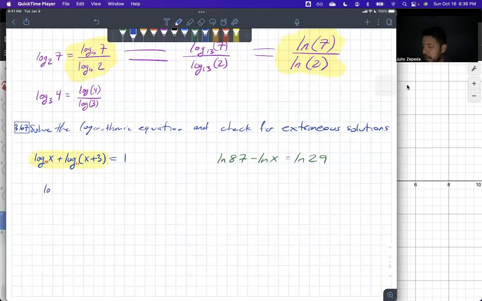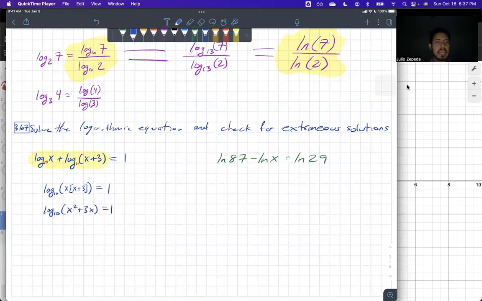So this would be the log base 10 of x times x plus 3. Remember we said to add two logarithms together, we write them as a single log with the same base, but we multiply the arguments. That's what we get. And so we could write this again as log base 10 of x squared plus 3x.